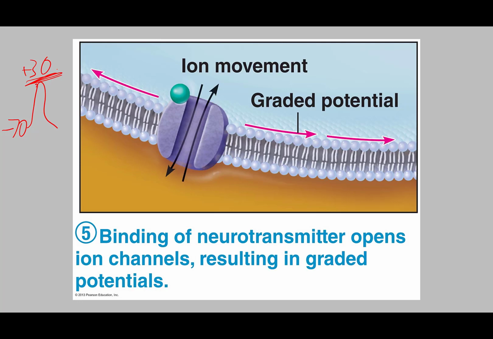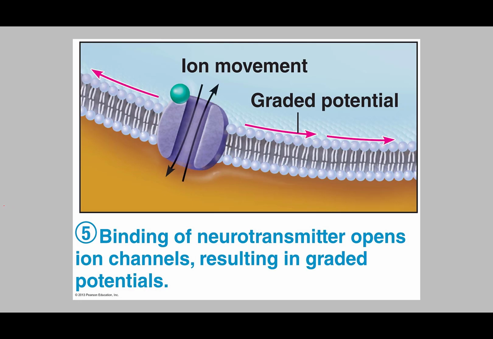But we are not talking about action potentials here. We are talking about something called graded potentials. Graded potentials are what occur at a synapse, either on the dendrites or on the soma. In this case, a graded potential can have varying magnitudes. The greater the stimulus, the greater the magnitude.